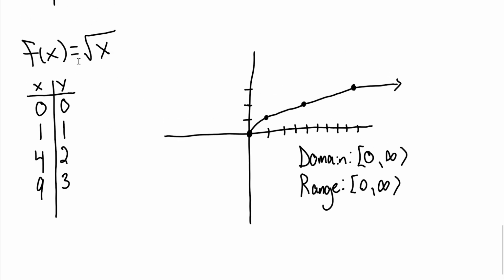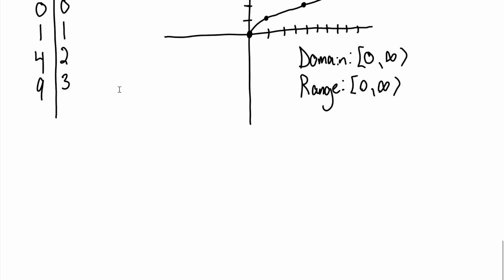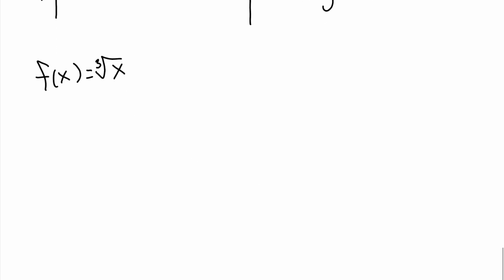So with that in mind, we looked at the even roots, so now let's look at the odd roots, and this will be the last one here. f of x equals the cube root of x. Okay, so we make our xy chart. x is 0, then y is 0. x is 1, then y is 1.